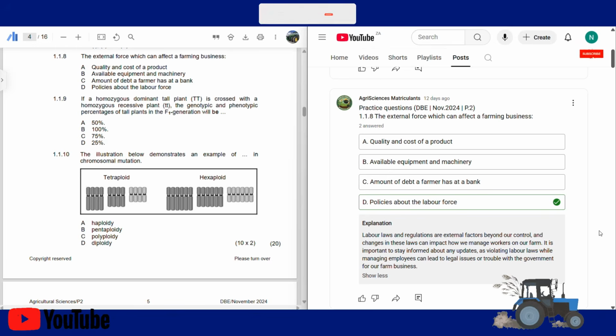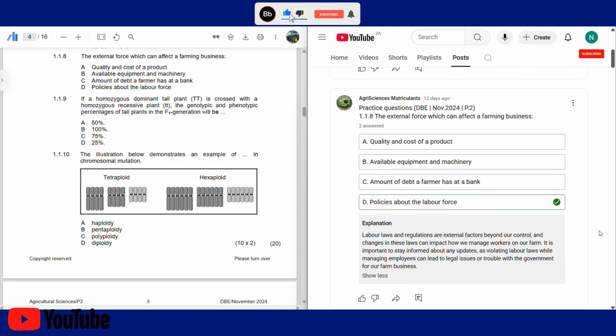So then they are not necessarily only based on the labor force. There are other legislations that are there to make sure things are going according to how the government wants things to go, so that there can be order in the business environment.